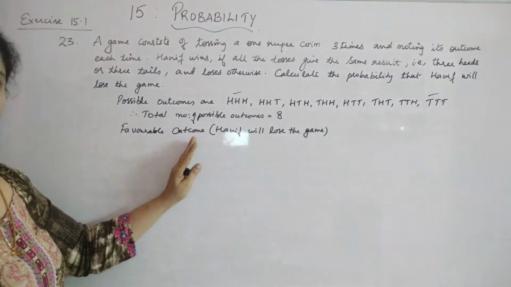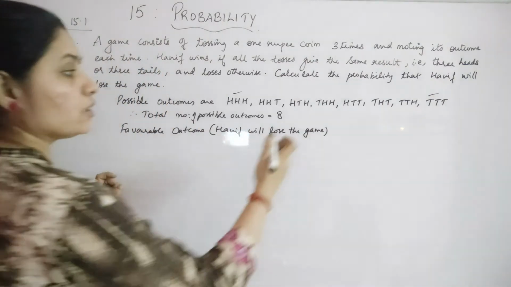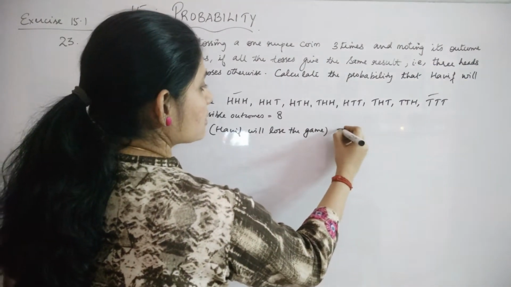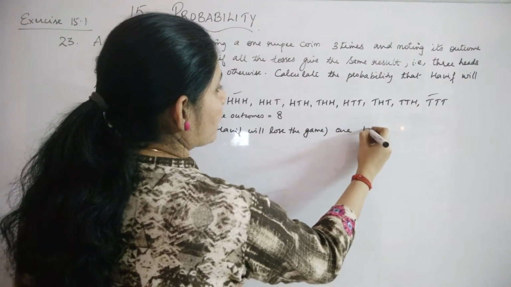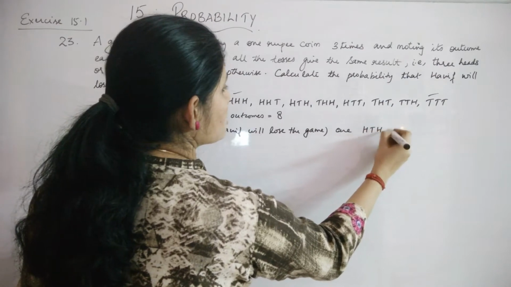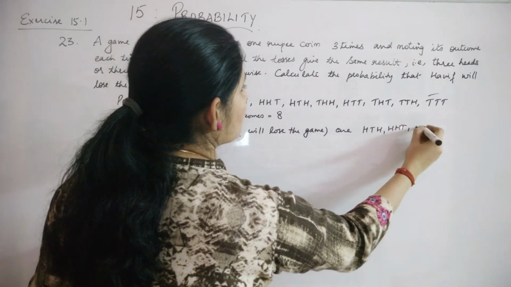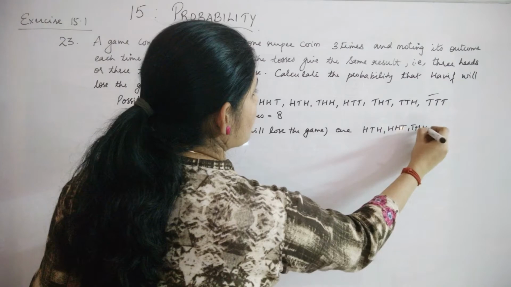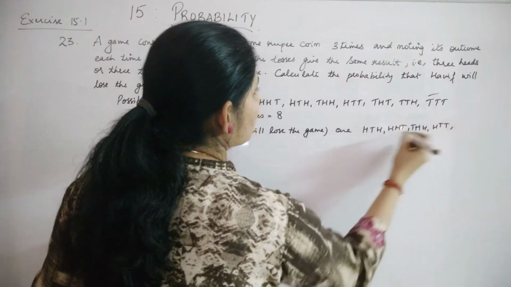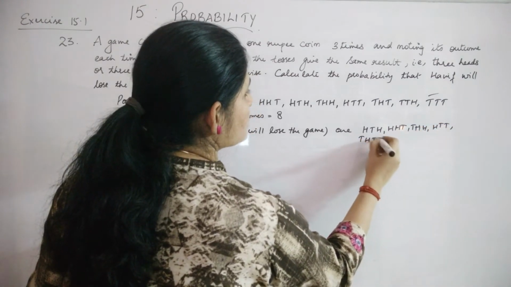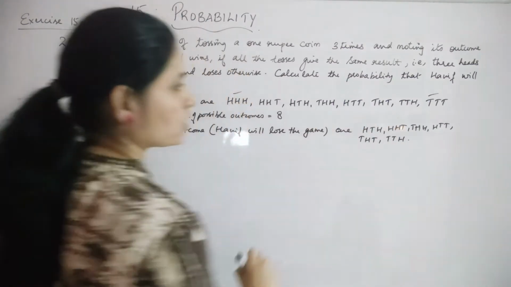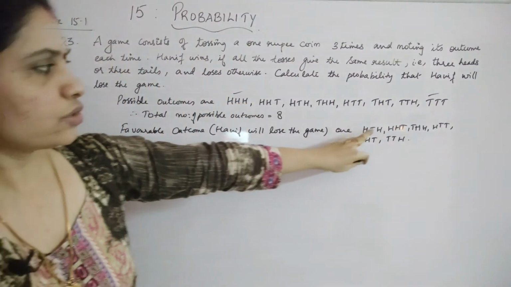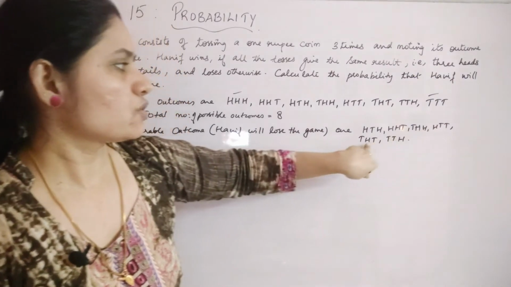Favorable outcome, or Hanif will lose the game when you will have the outcomes as HTH, HHT, THH, HTT, THT and TTH. I think no repetition. So 2 heads 3 cases, 2 tails 3 cases.